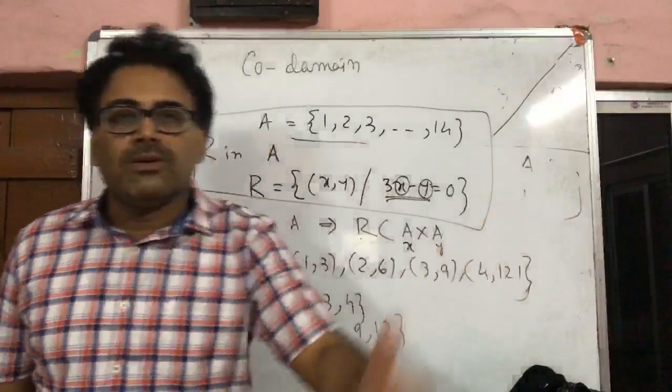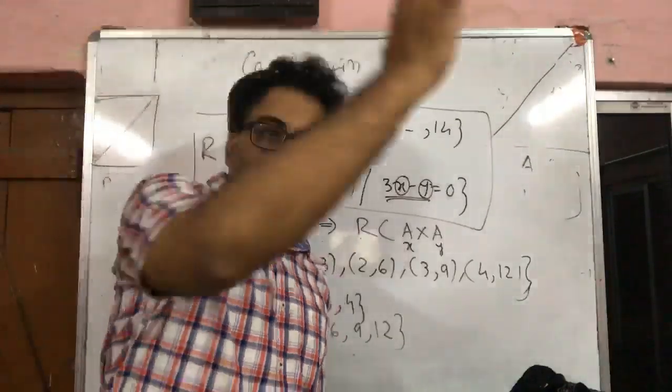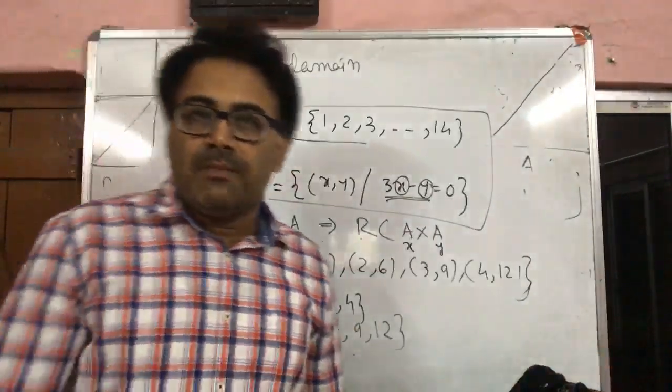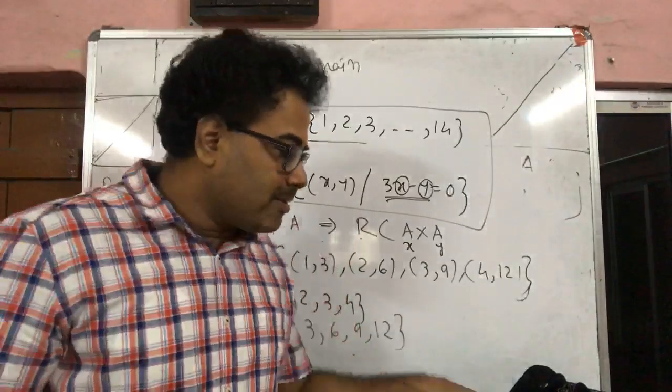So what is the prior set and what is the next set? The prior set is you, the set of all students, and the next set is the vehicles.